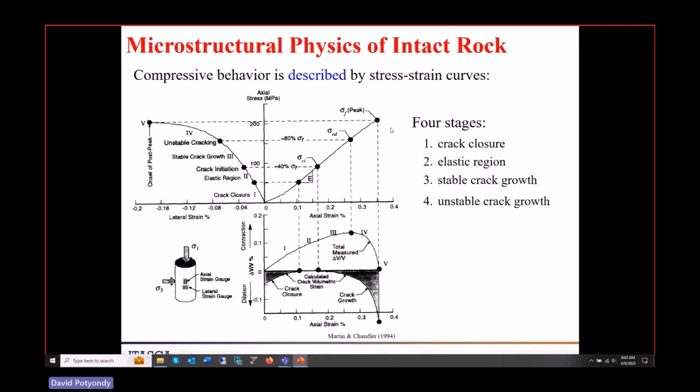Now, what you may not know is for lac du Bonnet granite in particular, if you take this specimen and load it up, let's say to 90% of peak, you just keep running your normal loading test, and you get to 90% of peak, and then you stop the test and turn on a servo mechanism to maintain that value of load.